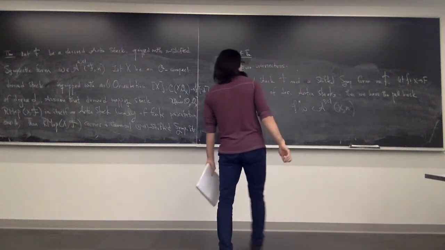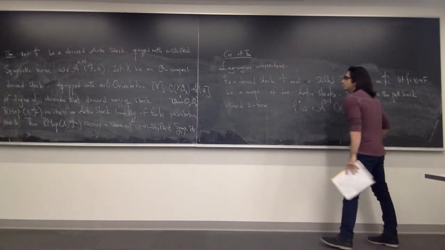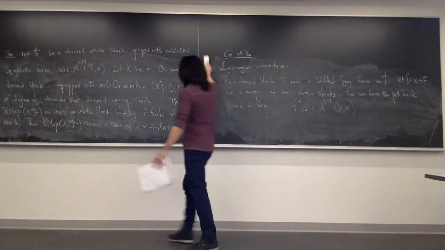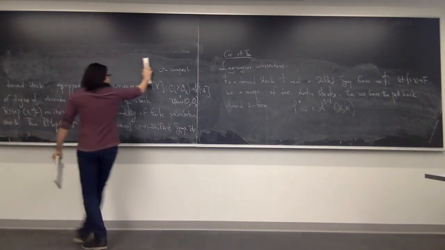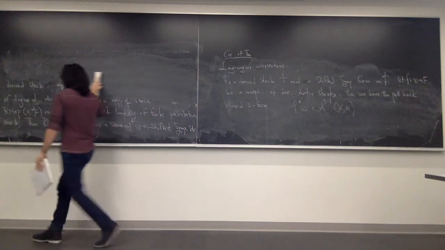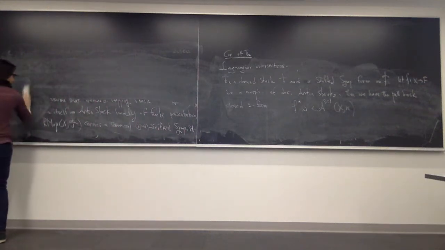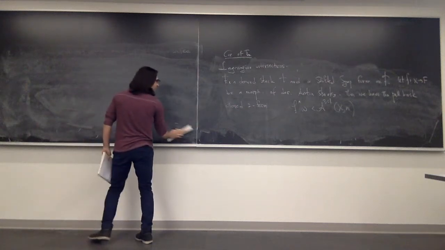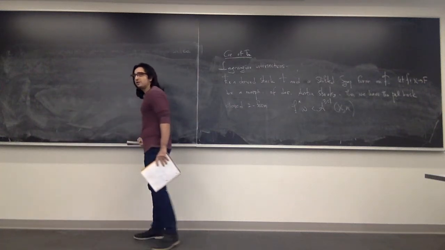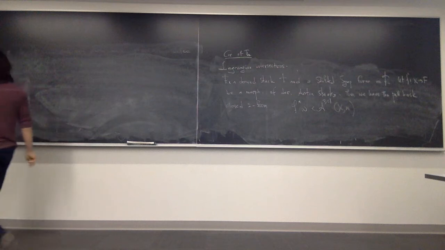Okay, so fine. Now I need to define something. So you're pulling back these things, and you would like to identify them homotopically with each other. So here's the definition.